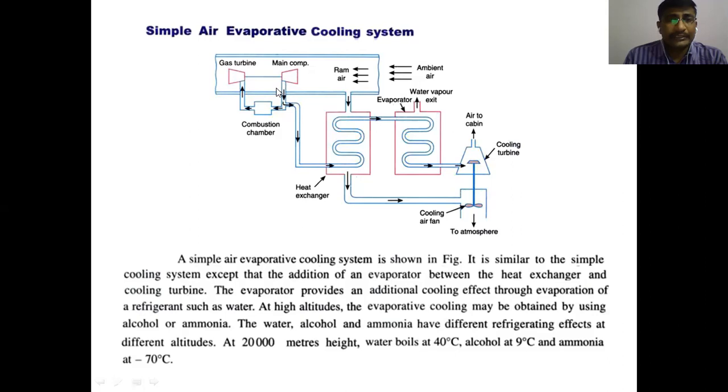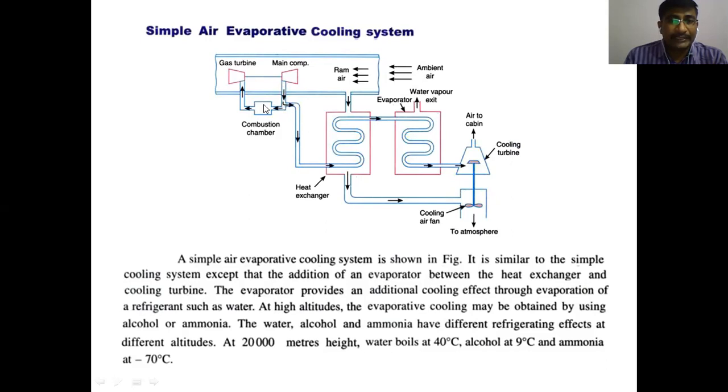Let us look at this simple air evaporative cooling system. Earlier, I explained that air enters the aircraft through the diffuser. This is called the ramming action or ram air. Some of the air after ramming is diverted towards the heat exchanger, and the remaining air enters the main compressor. In the main compressor, the air is compressed and sent to the combustion chamber.